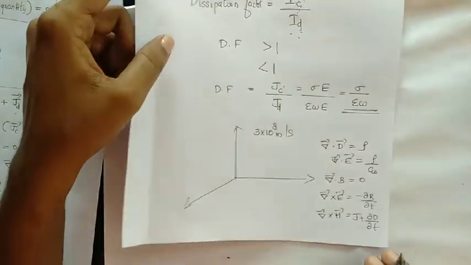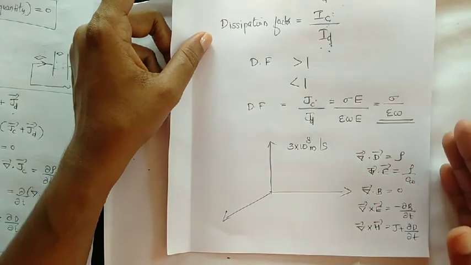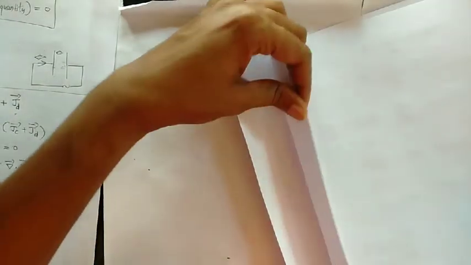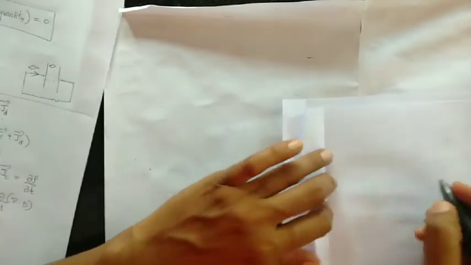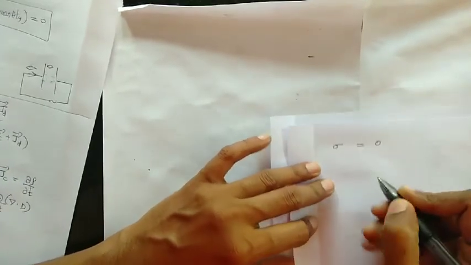Now we are discussing what Maxwell's equations will be in free space. For that, we should remember that for free space, the conductivity sigma will be equal to 0.